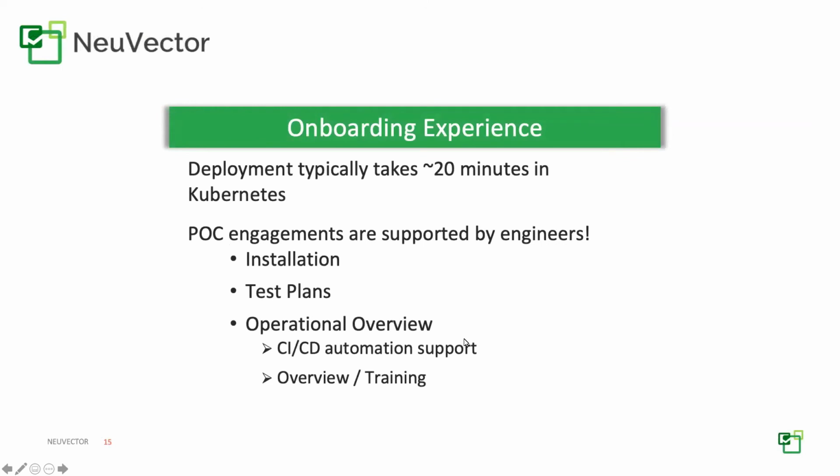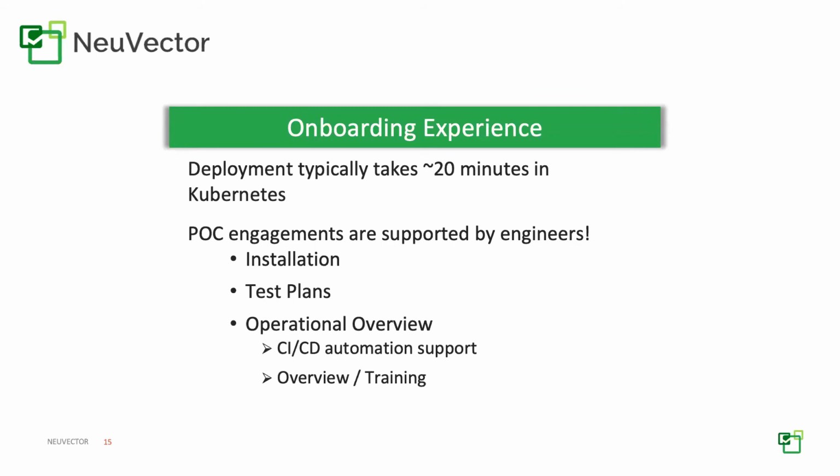Now, if you're going to try NeuVector, because we're just a container, we have sample YAML files, Helm charts, operators. We even recently did a Terraform webinar on how to automatically deploy NeuVector. So it can take 5 minutes, 20 minutes. It really just depends on if you've had all your integration set up prior. The actual deployment and logging into the console can be as quick as a few minutes.